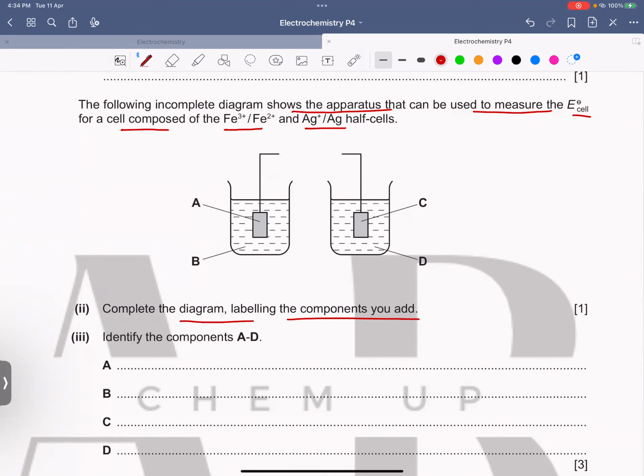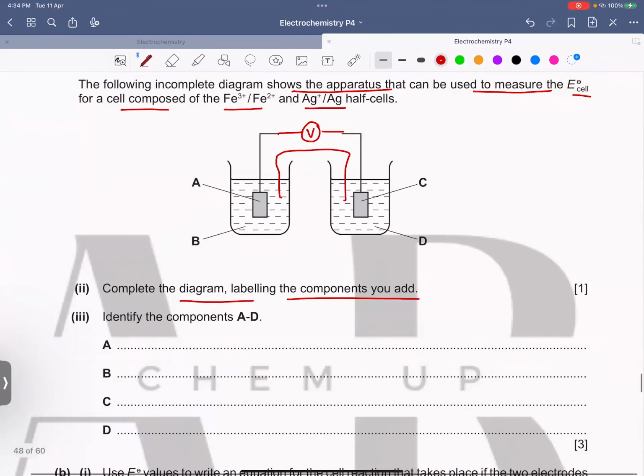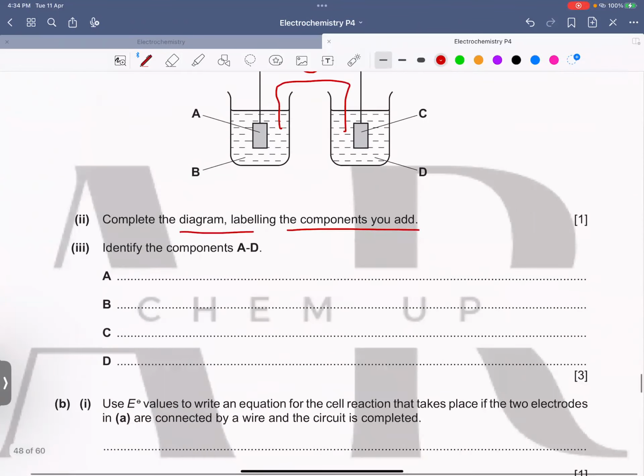How could we complete the diagram? Add a voltmeter and a salt bridge. Right? Okay, now identify the components A to D.